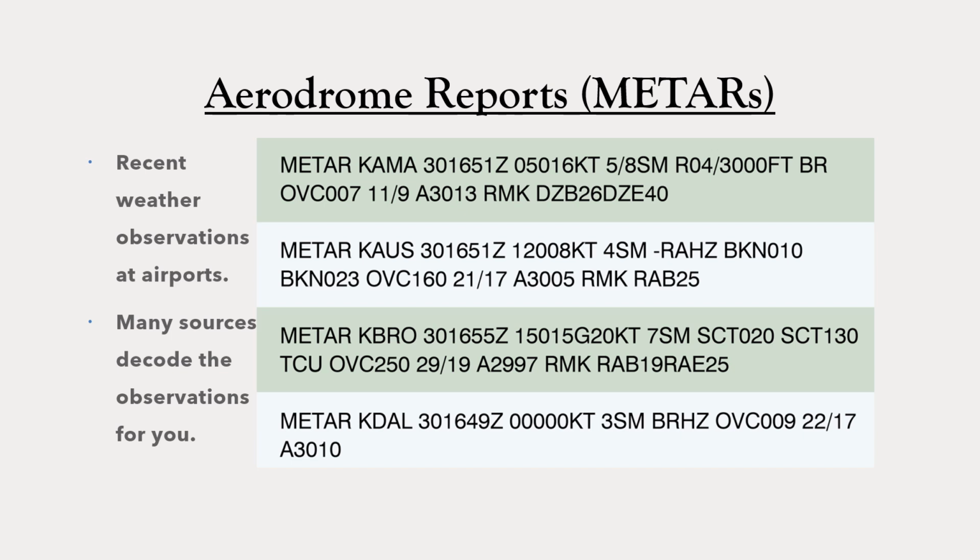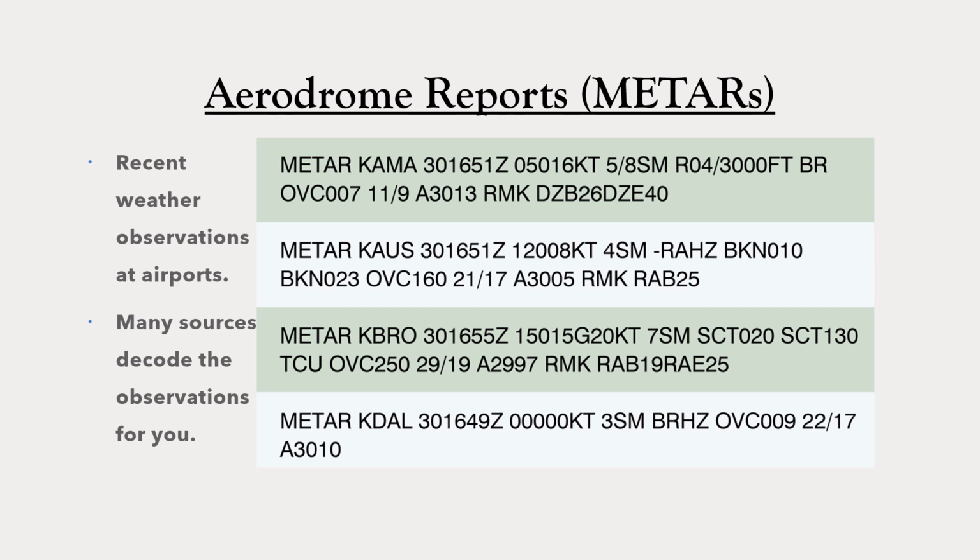This third item indicates the time that the observation was made. The first two digits indicate the date. Like if it was July 30th, it would say 30. The rest of it is the hours and the minutes in Zulu time that the observation was made.